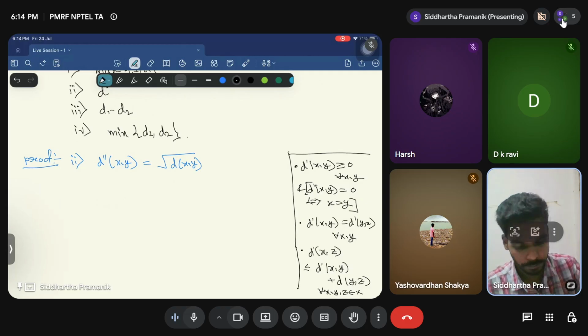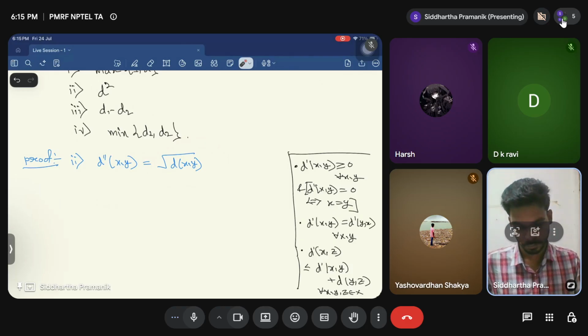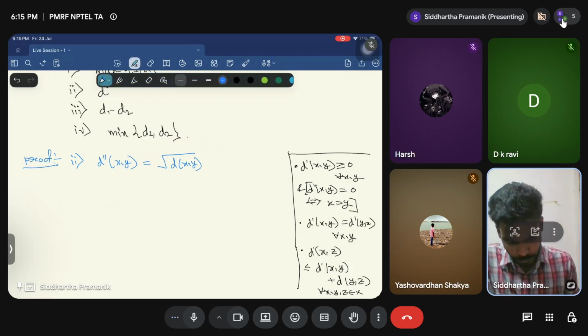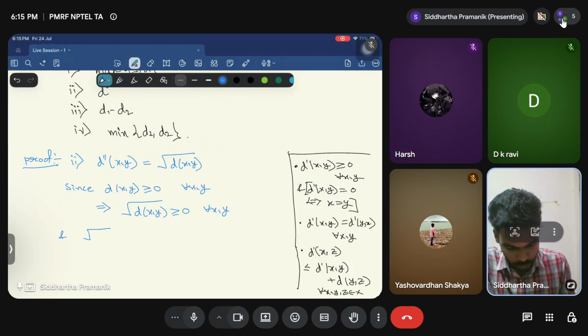So we need to check these three axioms. Let's check one by one. What about the non-negativity of this square root function? This is clear, right? Since this is the positive square root, it is also non-negative, since d(x,y) is non-negative for all x, y. And the square root of d(x,y) is 0 if and only if d(x,y) is 0.